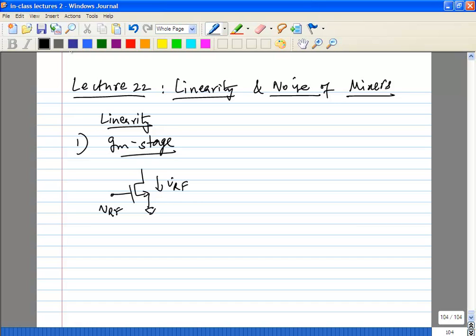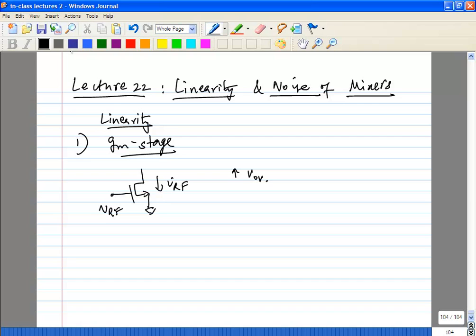But the thing to keep in mind is that you can do two things. One is to increase the current, but of course you have a power limitation. So let's say you hit that point. The next thing you can do is start decreasing the size of the transistor to increase the V overdrive.